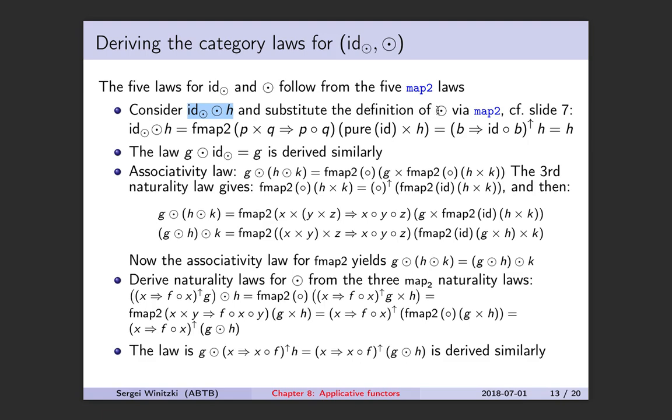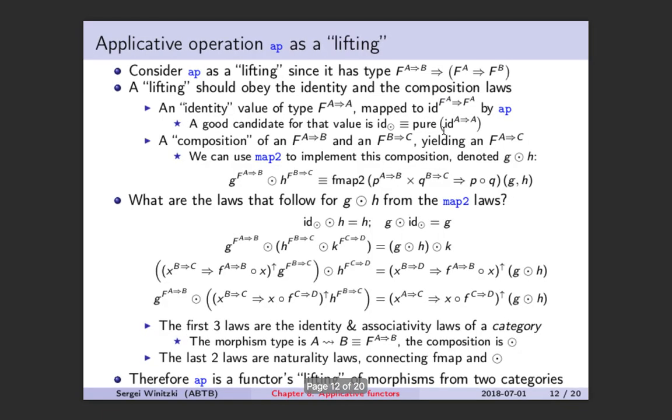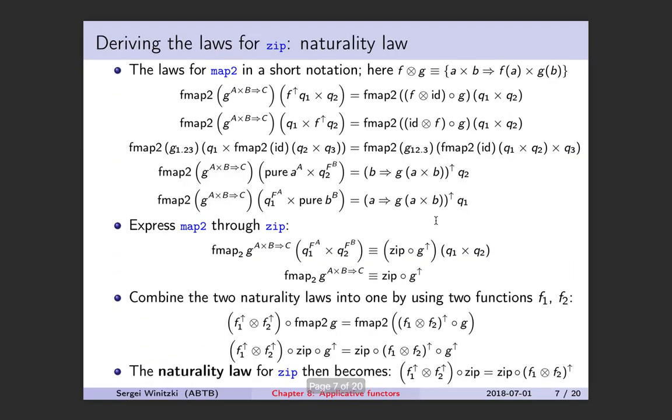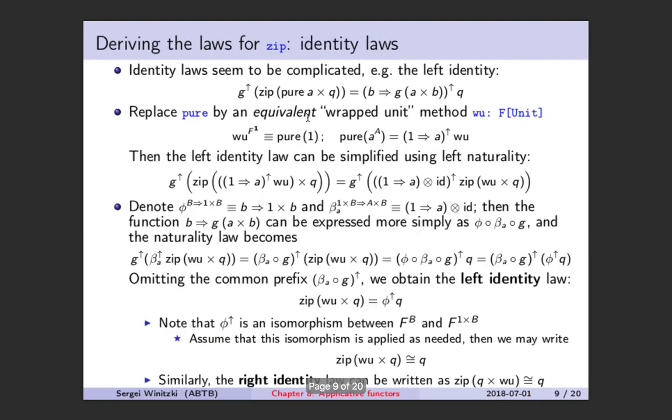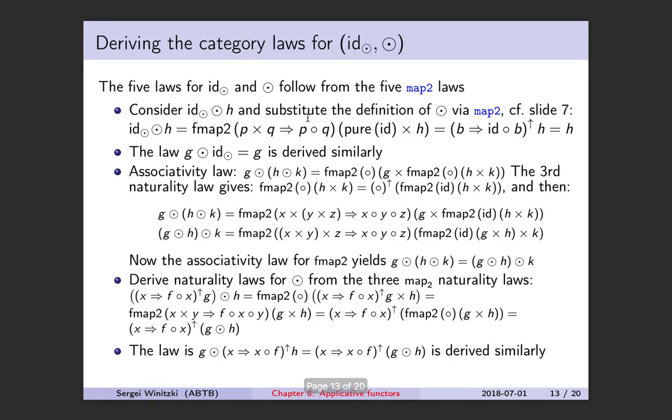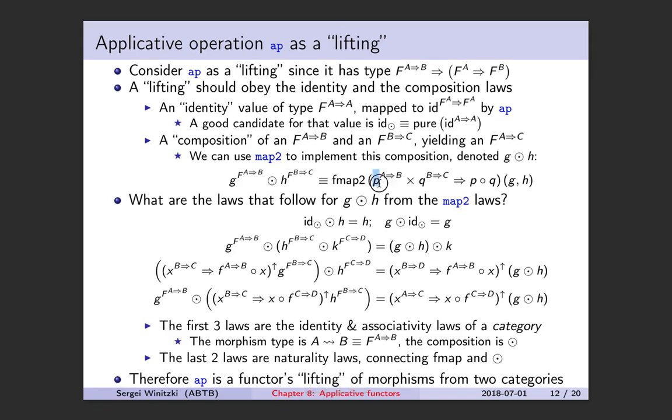We substitute the definition of the product, of the composition, which was here. And also, we need to look at slide 7, because that defines laws for the Fmap. So if we substitute that, we get Fmap2 of this, which is just that definition here.